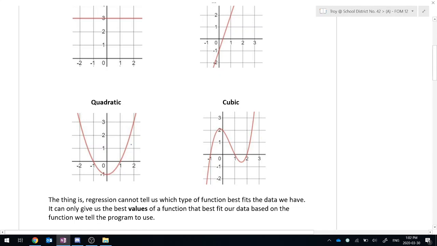Cubics, remember from last day, so this one has two turning points here and here. So a turning point is when the graph goes from increasing to decreasing, or from decreasing to increasing. So this graph has two turning points. It could also have two turning points going the other way, right? It could look like that.